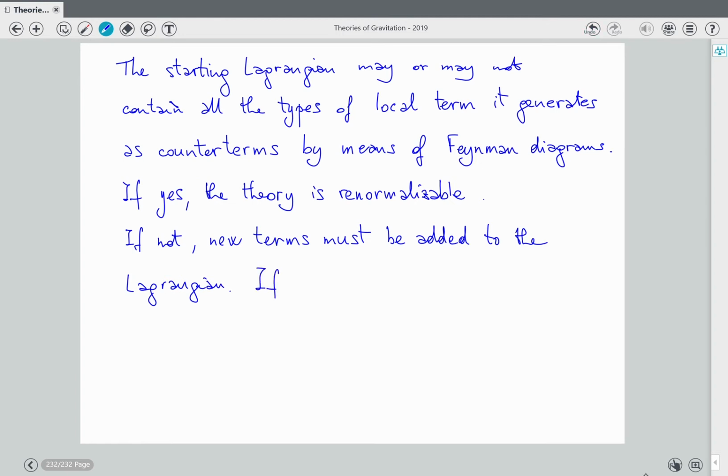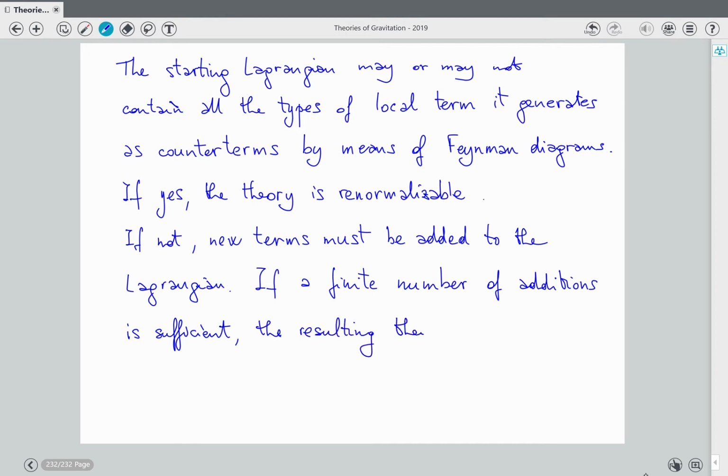If a finite number of additions is sufficient, the resulting theory now, not the initial theory, is renormalizable.